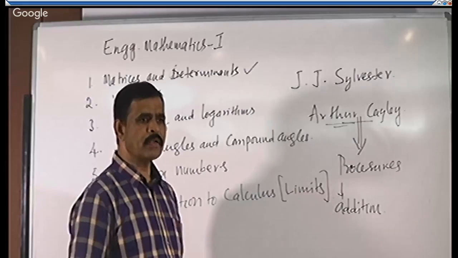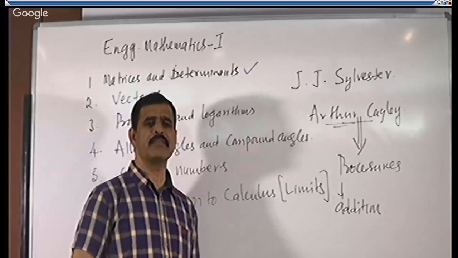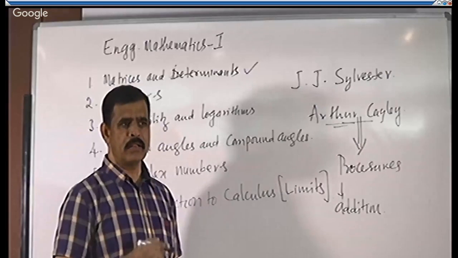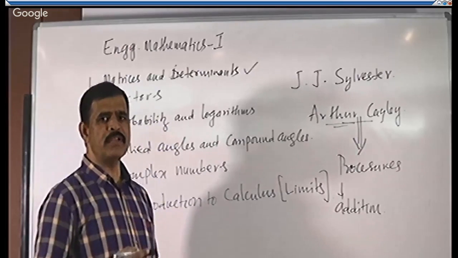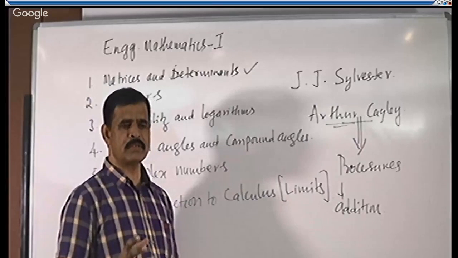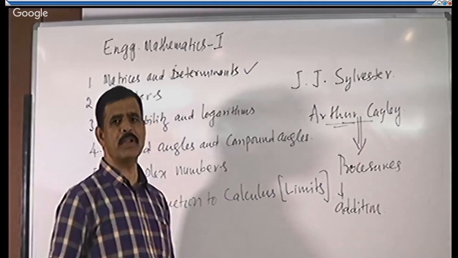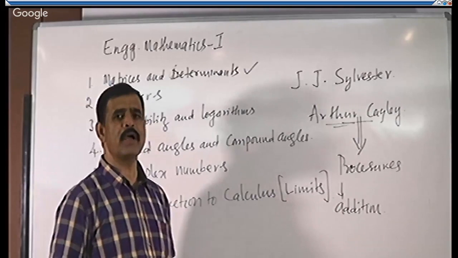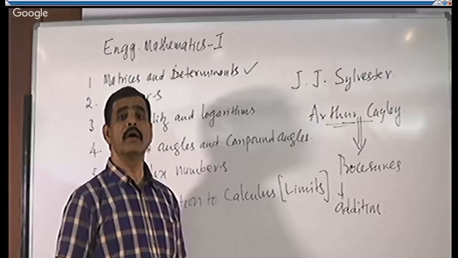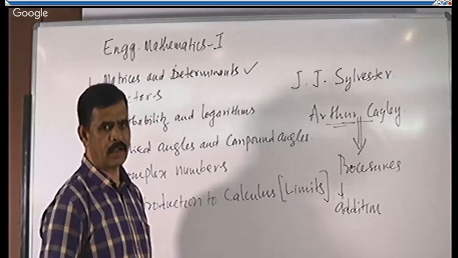In computer science, we use matrices in changing three-dimensional images onto a screen as a two-dimensional one. That is very important in analyzing the graph.